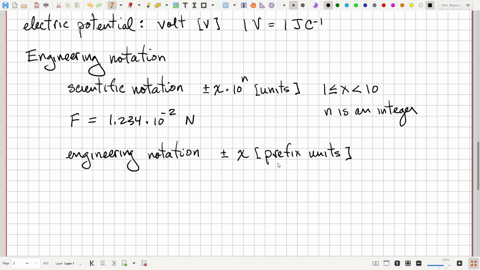And these prefixes represent exponents of the form 10 to the 3m. In other words, it's like scientific notation, but the exponents are all multiples of 3. And we give them a name instead of writing this notation.